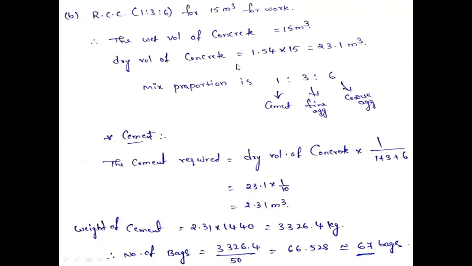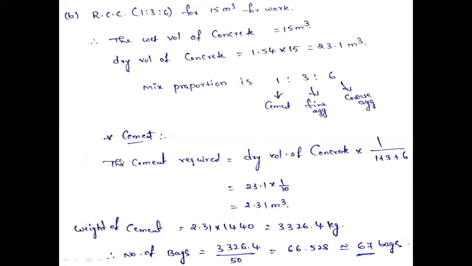Dry volume of concrete equals 1.54 into wet concrete 15, equal to 23.1 cubic meters. Mix proportion is 1:3:6. 1 is the cement, 3 is the fine aggregate, and 6 is coarse aggregate.